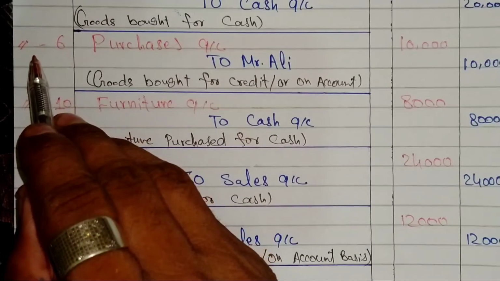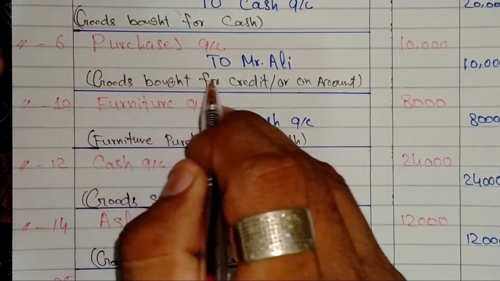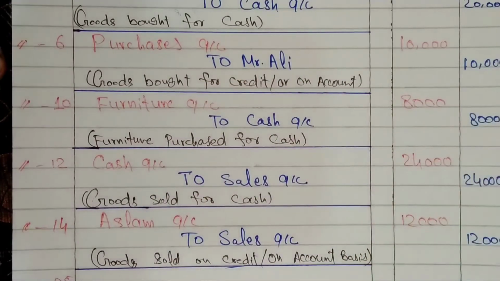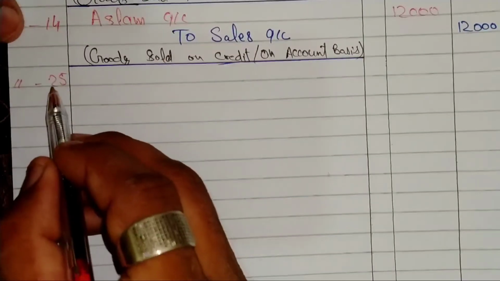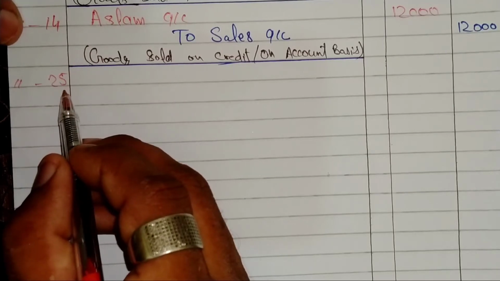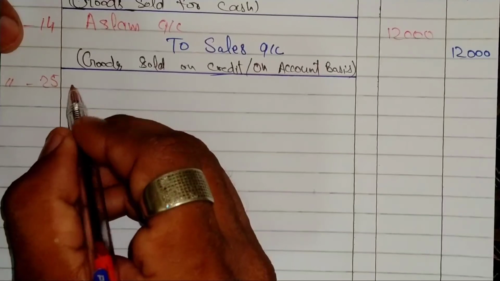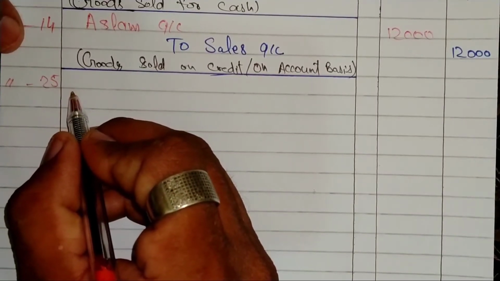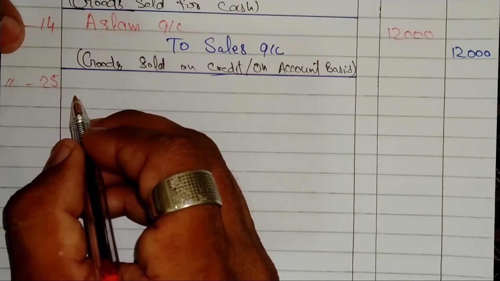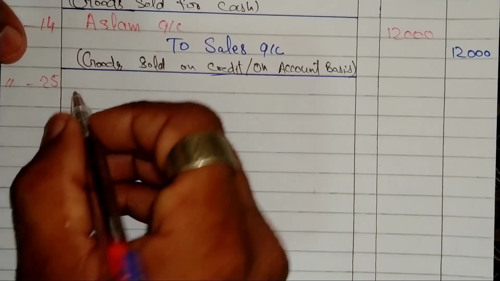On March 6th, we purchased goods from Mr. Ali amounted $10,000. On date 25, we pay and receive discount as $300. This entry will be of compound nature. Compound entry is the entry which has more than two accounts.